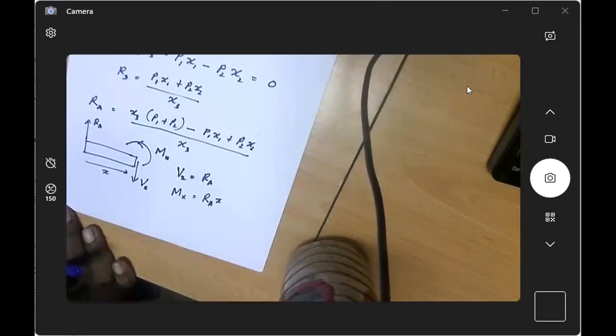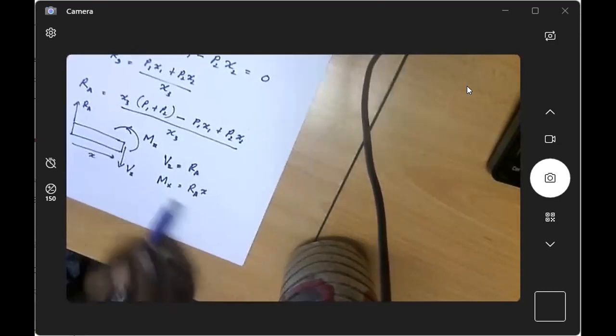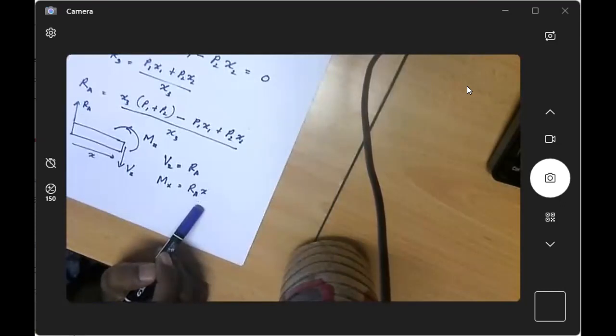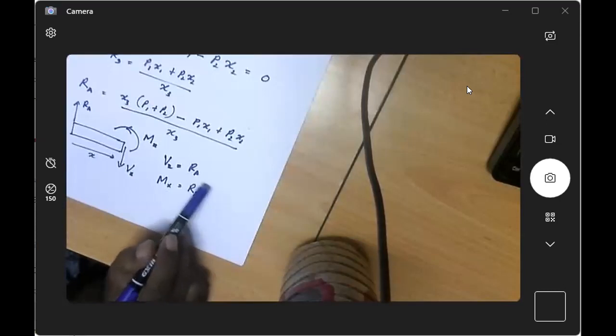But remember, as you can see from this equation, the moment is going to depend on what? Is it a constant? No, sir. It is not a constant, right? Because this Mx has a distance part.